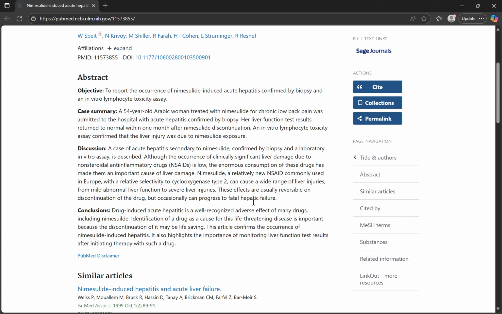Like any other anti-inflammatory medicines, it can sometimes damage the liver, ranging from mild changes in liver tests to severe and sometimes fatal liver failures. In most cases, stopping the drug leads to recovery, is what is interpreted from this case.